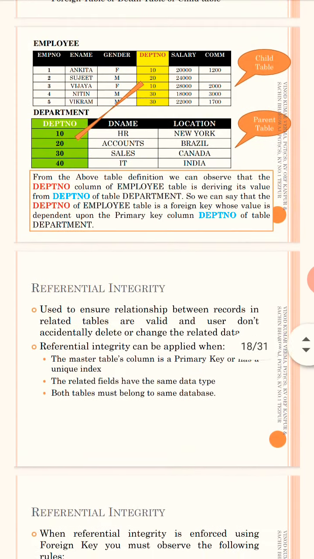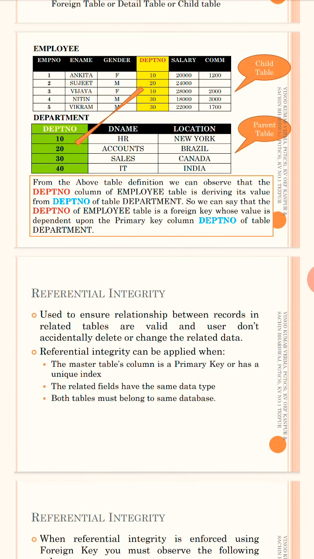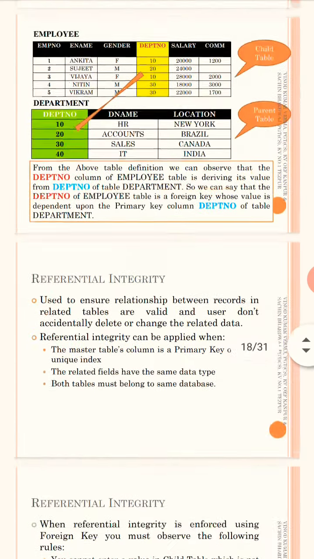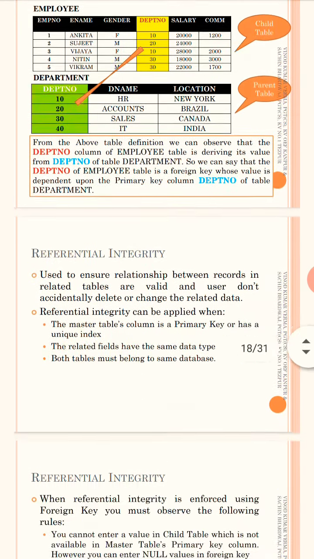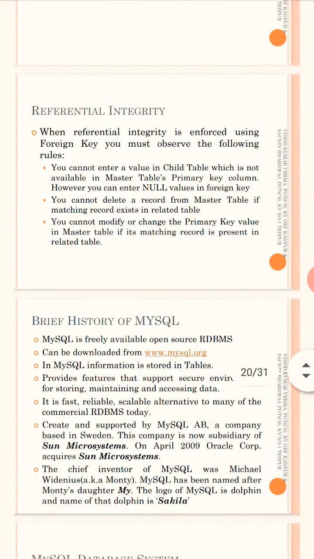Second thing, if we want to delete department number 20 from the department table, we cannot delete it because it is also referred to in the employee table. So first we have to remove department number 20 from the employee table and after that we can remove it from the department table.